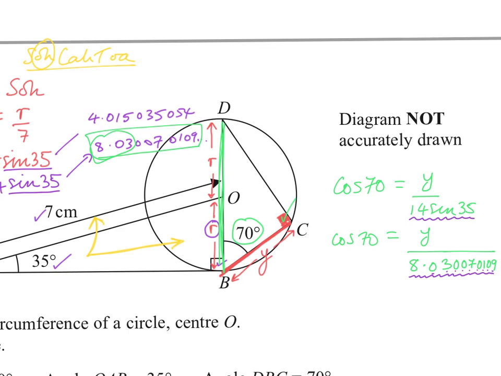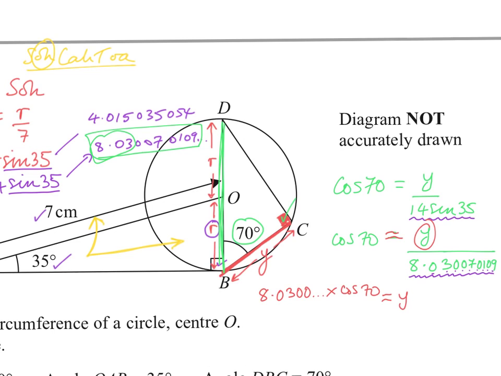So in this case, to get y, we would have to, and I'm not going to put equals here, I shouldn't have really done that because it's an approximation, times both sides by that decimal, 8.0300700109. So our answer should be 8.03 and so on times cos 70.